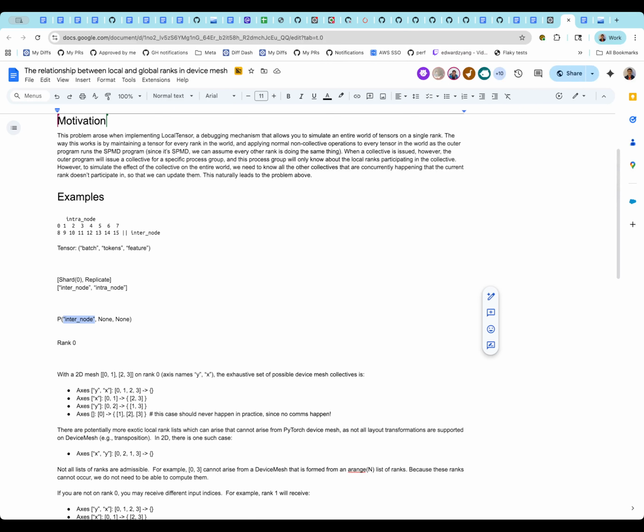So I say split batch as many times as there are internode, and don't split tokens and don't split feature. You can convert between these two, except for some exceptions, which we can go into if someone asks a question. But we're running low on time, so I just want to answer questions now.